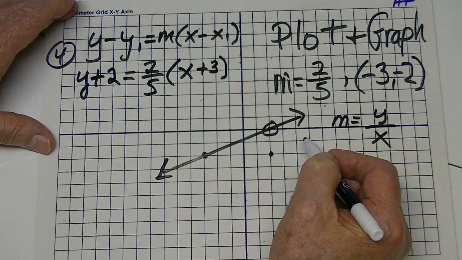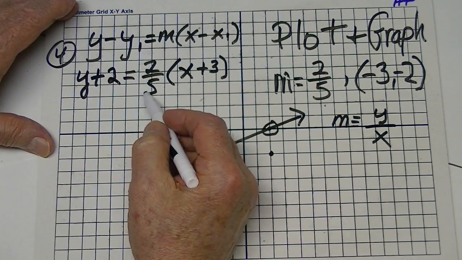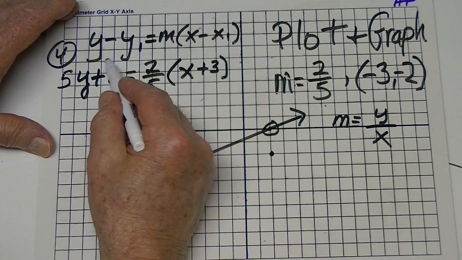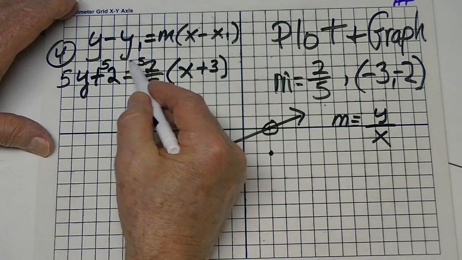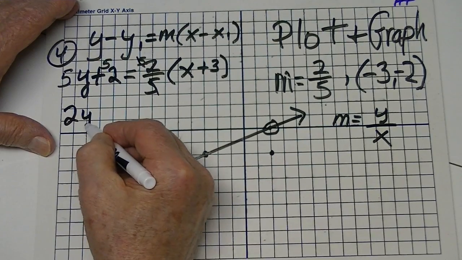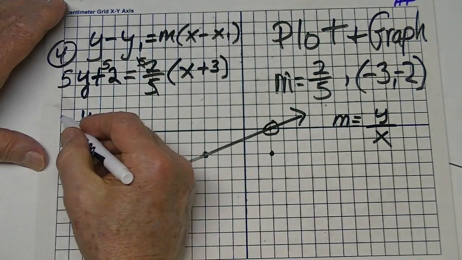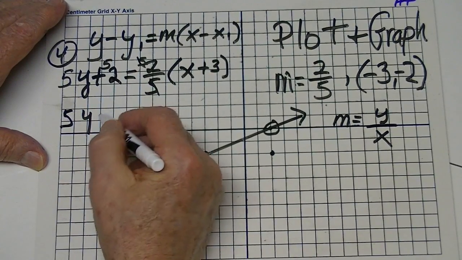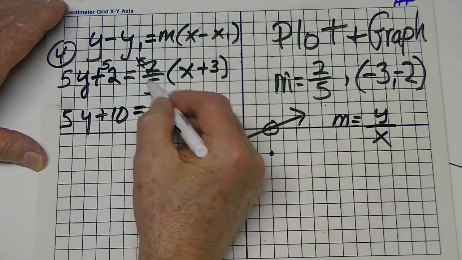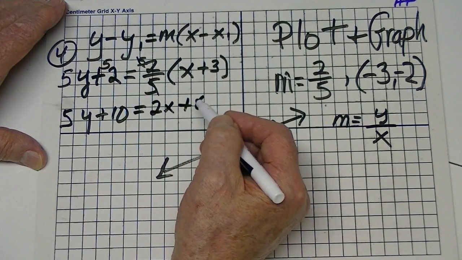And we do want to put this in standard form, so we're going to multiply everything by 5. Here the 5's cancel out, so we get 5y plus 10 equals, now the 5's are gone, 2x plus 6.